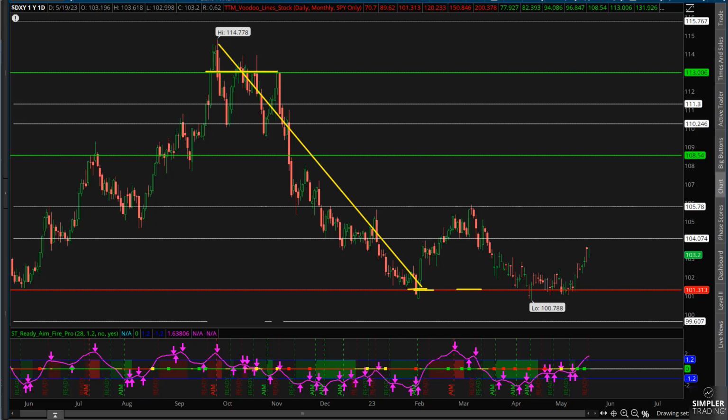One of the things that we were talking about back here in February was that one way to view it as a five-wave trend move from an Elliott wave perspective would be to view it as, whoops, it's the wrong drawing tool. Let's fix this up.